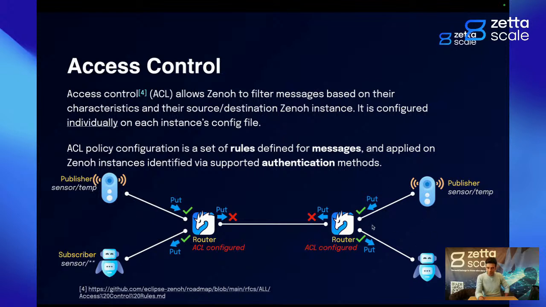I could do the same here. So in this case, I have sensor temp that is received in the subsystem, but it's never transmitted across the system or across the boundaries of this router. Access control rules can be applied to routers, to peers, and to clients. So in that respect, there is no limitation; routers are just an example.